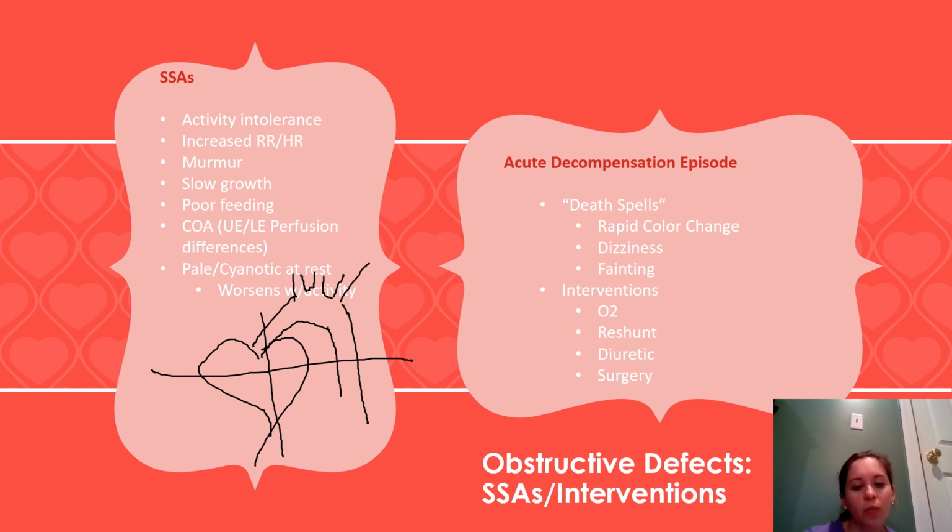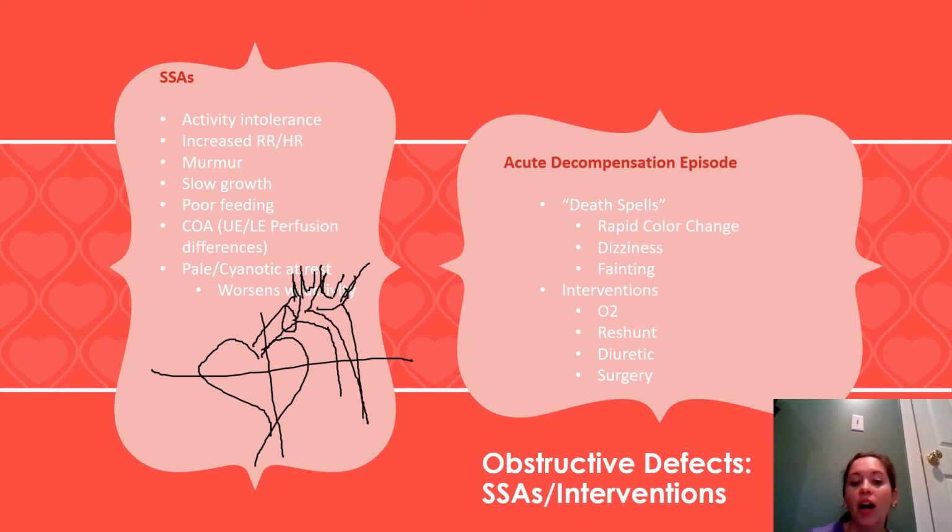So in coarc, we have the narrowing down here. So all of our uppers are still getting nicely perfused. But with aortic stenosis, we have the narrowing more here. And so that means that there's less perfusion to the upper and less perfusion to the lower.